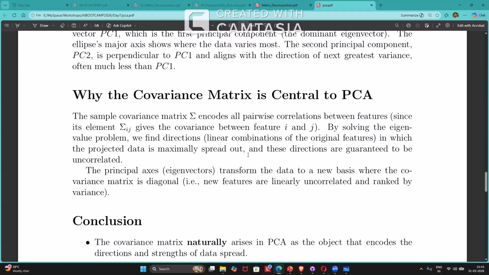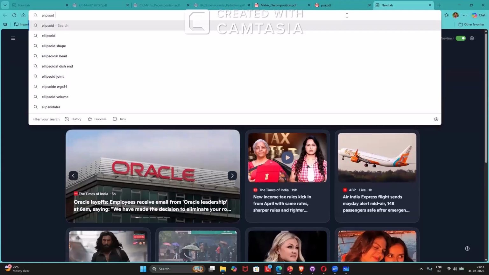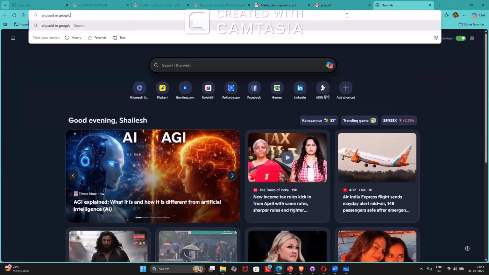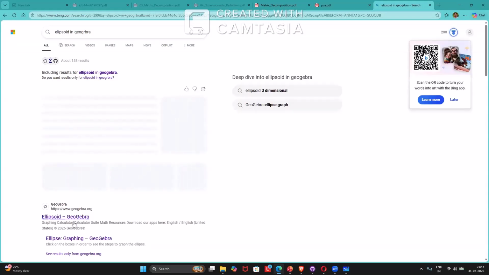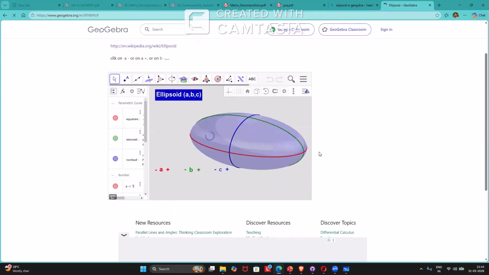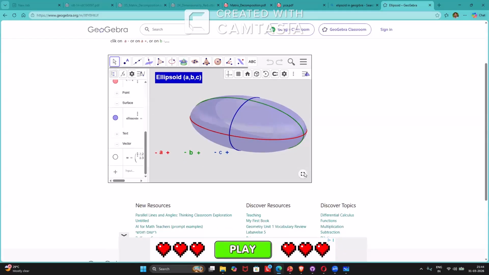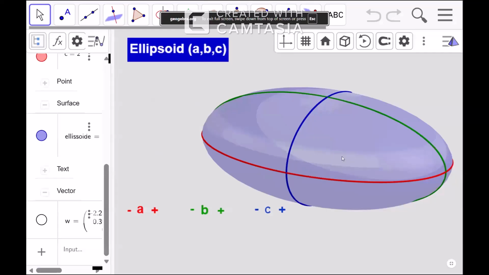If you have data in a three-dimensional space, suppose we have an ellipsoid like this, and consider this is the spread of data.